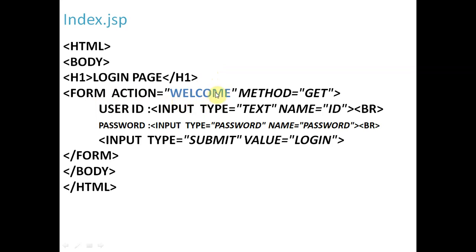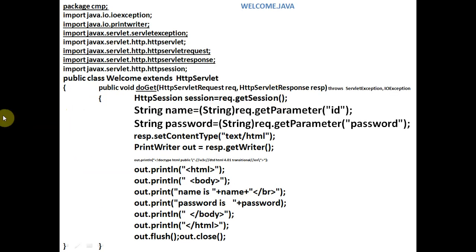When we write welcome class, it means we have a welcome dot java file, and when we compile the file, it will be converted into welcome dot class. So we are activating here the action welcome dot class, and the method is get. Corresponding to this get method, we have the method doGet.